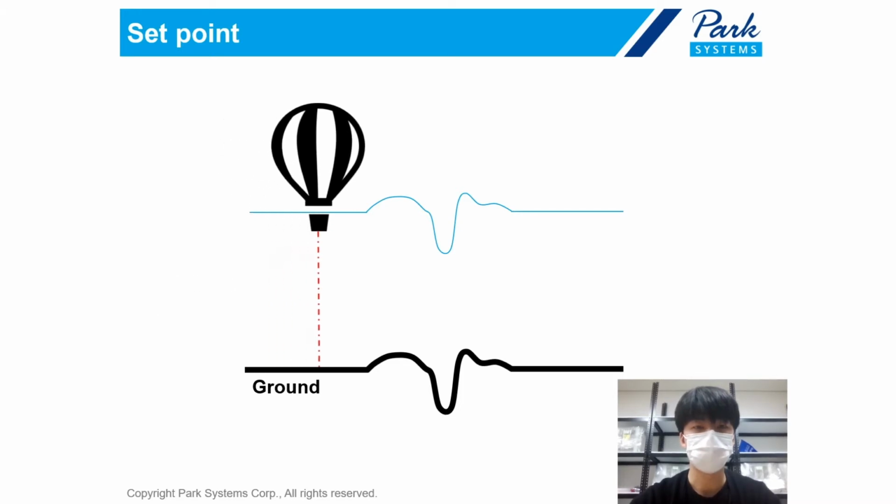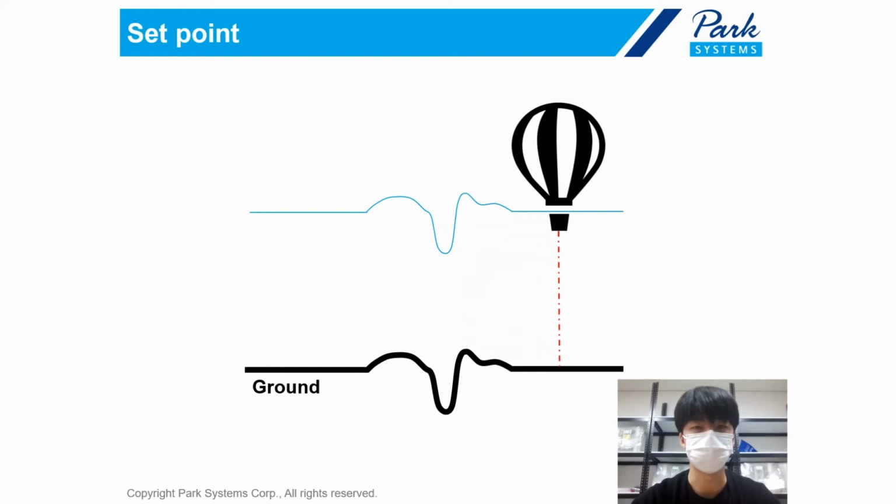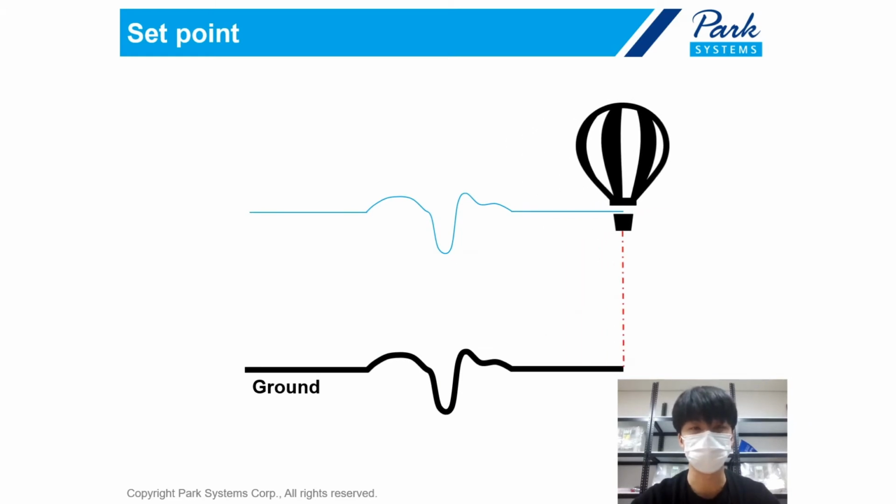The answer is just moving the air balloon up or down while picturing the ground, like this. Then you can get the perfect image without any focusing out. So in AFM, the air balloon is the scanner, and the fixed focal length is the set point.